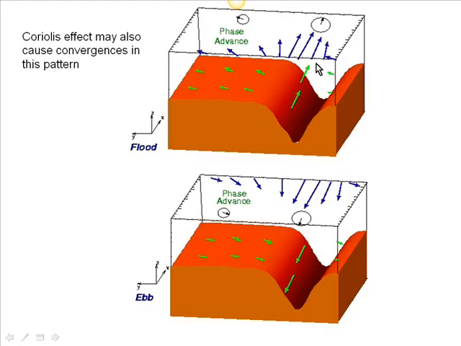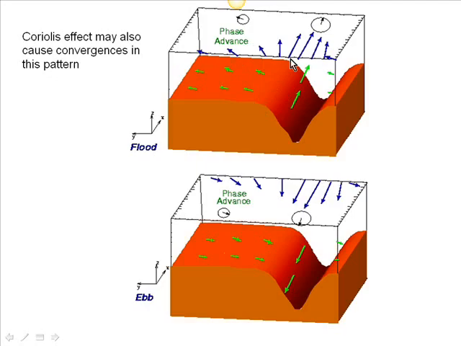The same situation here toward the end of flood, the current is still going in the channel and it's starting to come out over the shoal. So because of rotation, the inflow will be deflected to the right, and the outflow will be deflected to the right also. So you'll have a convergence here, and here, since it's coming out and deflected to the right, it's going to go away from the channel, and here on this edge of the channel, also away from the channel.